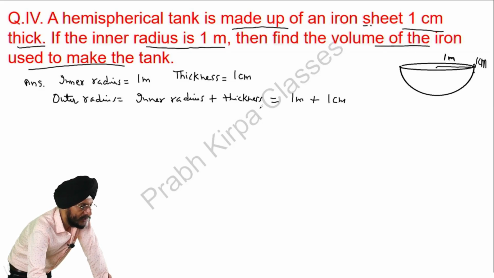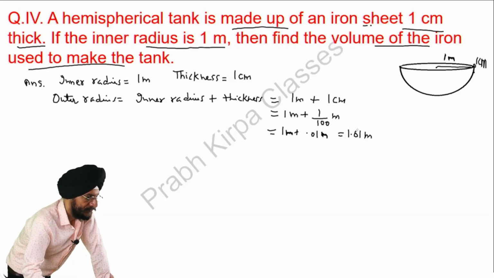We will convert 1 centimeter into meters by dividing it by 100. So 1 meter plus 0.01 meter. It will come as 1.01 meter.